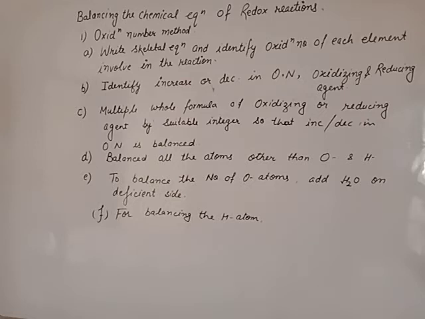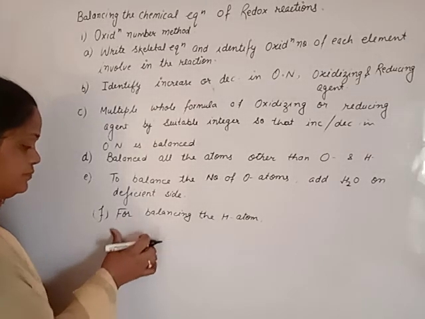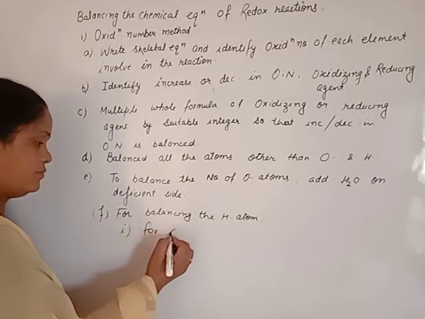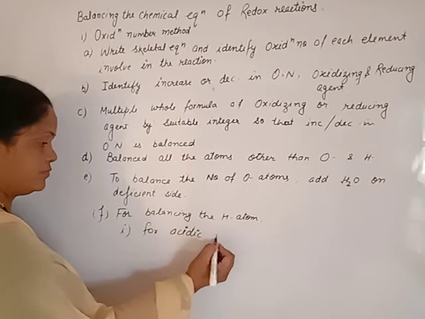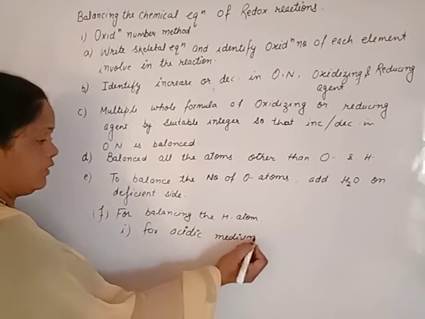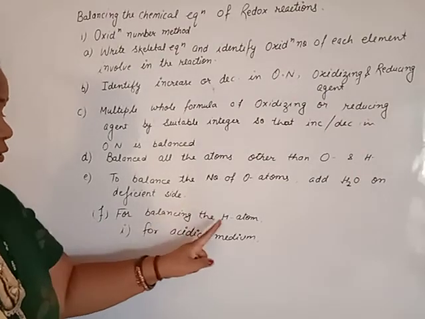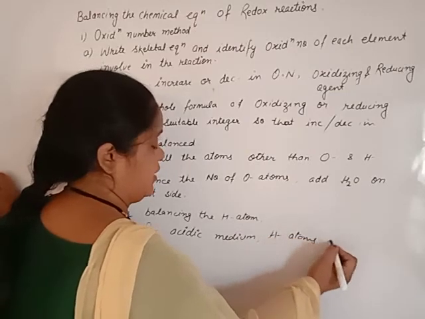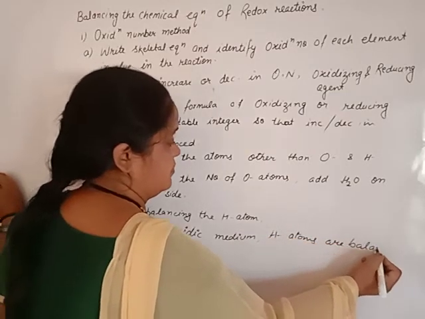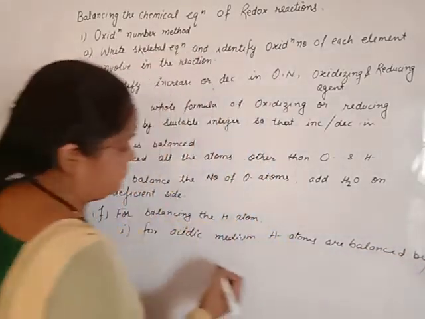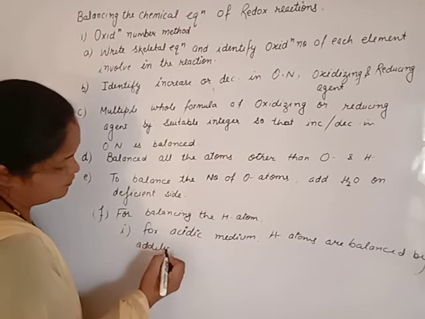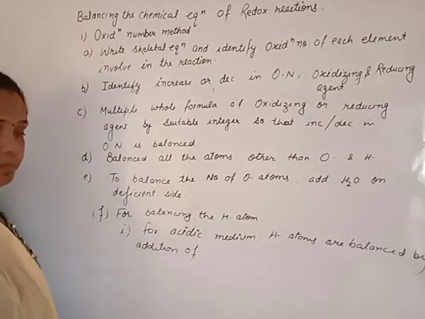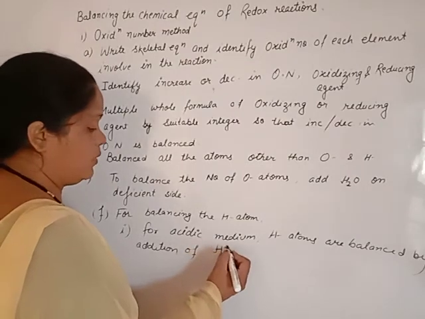Given medium of reaction is either acidic or basic. If the reaction is in acidic medium, hydrogen atoms are balanced by addition of H positive ion on deficient side.